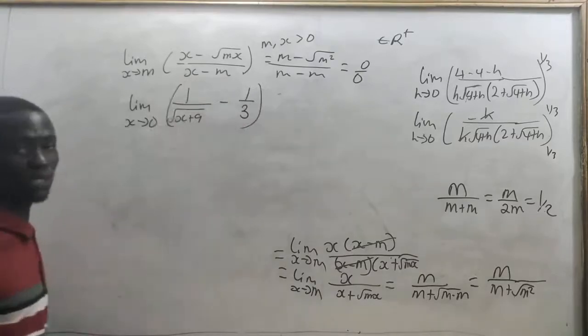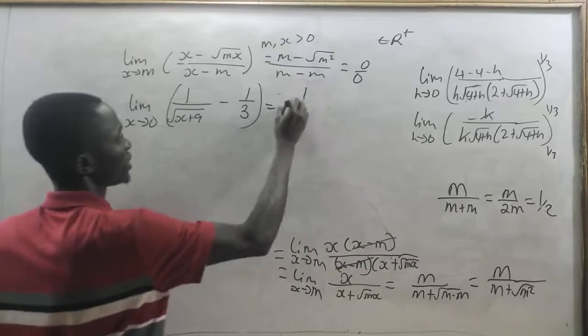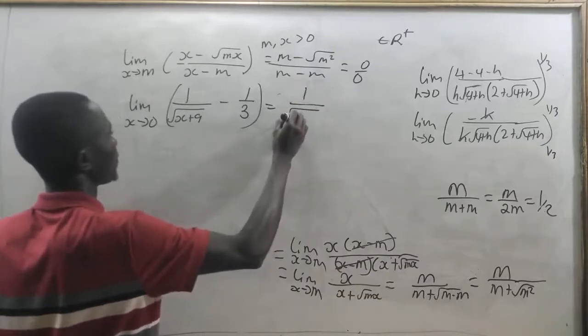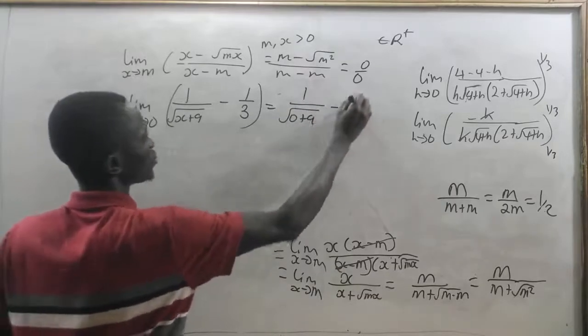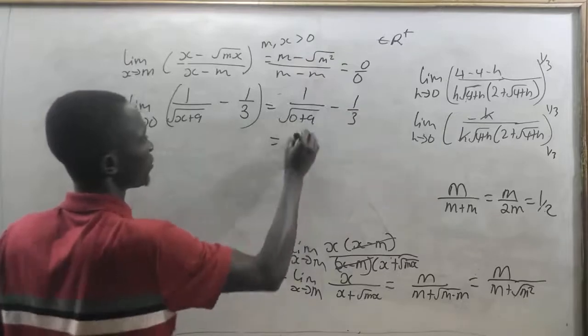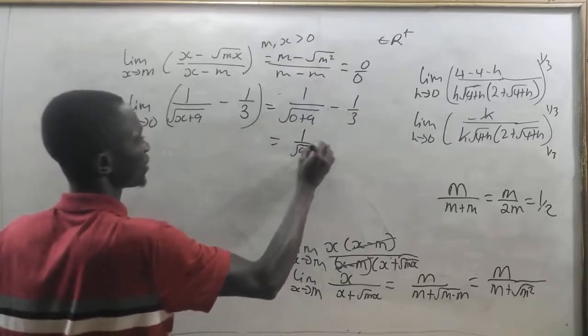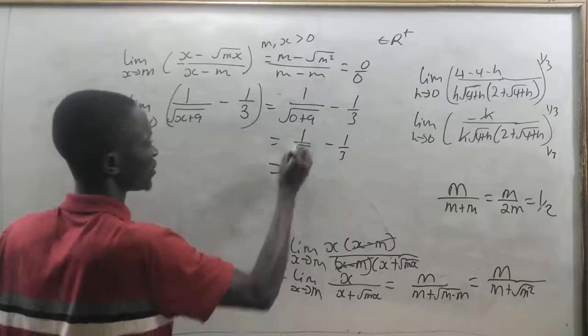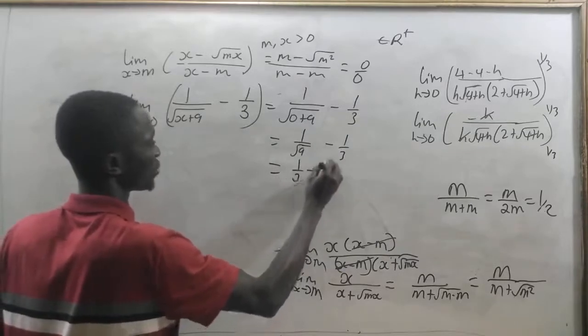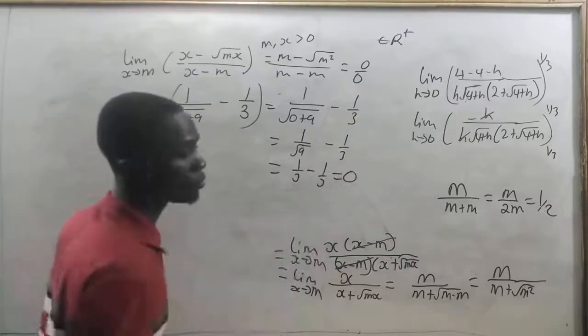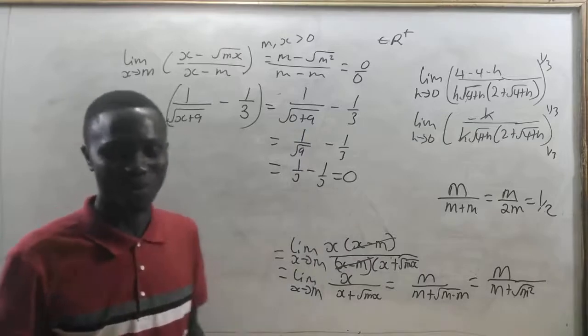So let's do direct substitution and see. This will give us 1 divided by the square root of 0 plus 9, minus 1 divided by 3. That is 1 divided by the square root of 9, minus 1 divided by 3. This will give us 1 divided by 3 minus 1 divided by 3, and that is 0. Very, very simple as that.